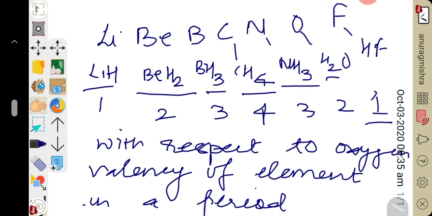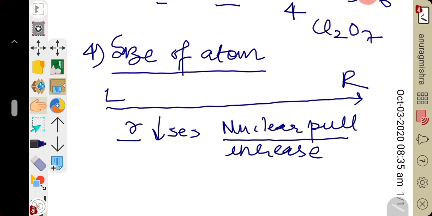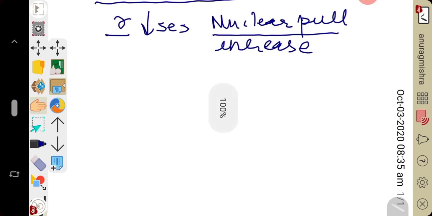Now we will see in brief the uses of the periodic table. Briefly I will tell you all what the uses of the modern periodic table are. The first use is that the periodic table has been useful in predicting, telling in advance, the existence of new elements. So the periodic table tells us about upcoming elements, and where they will be placed in the periodic table.